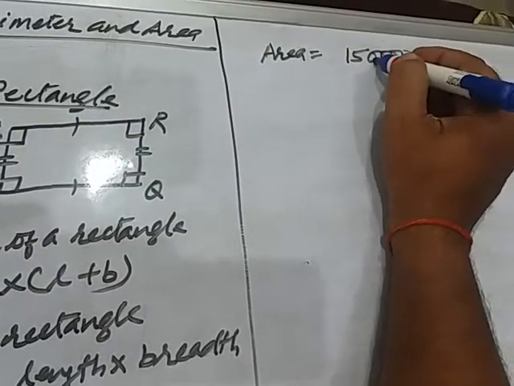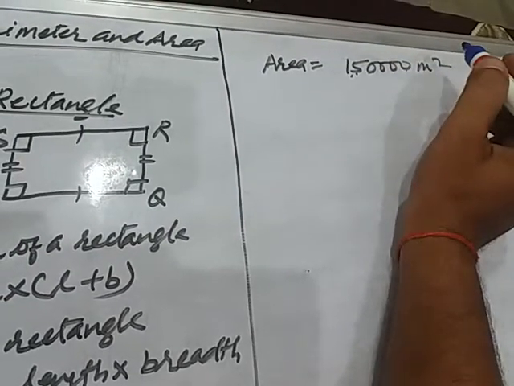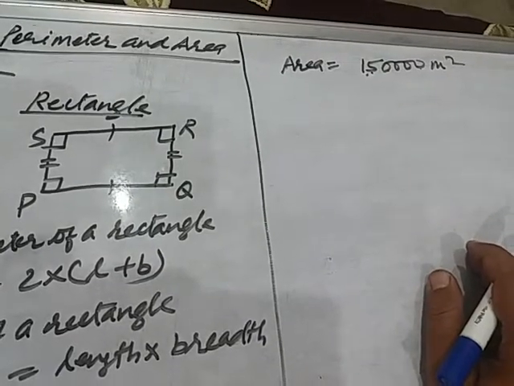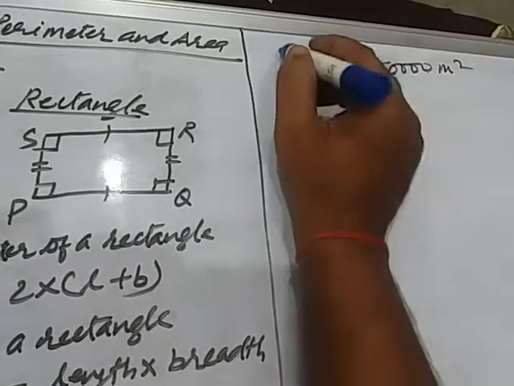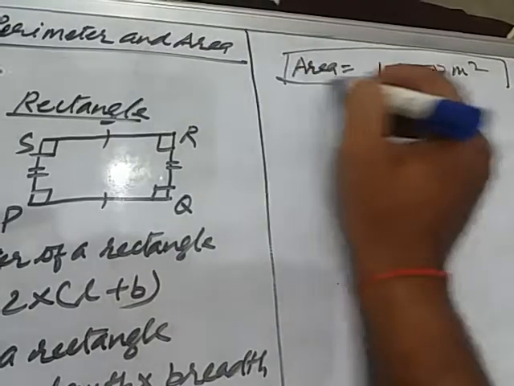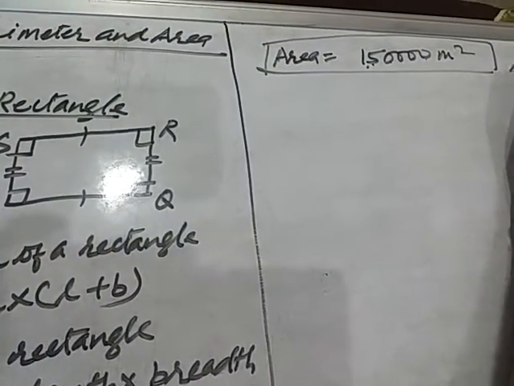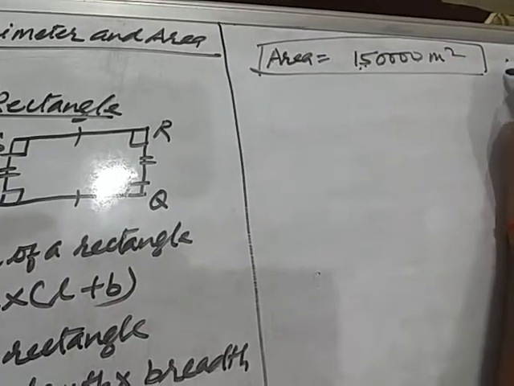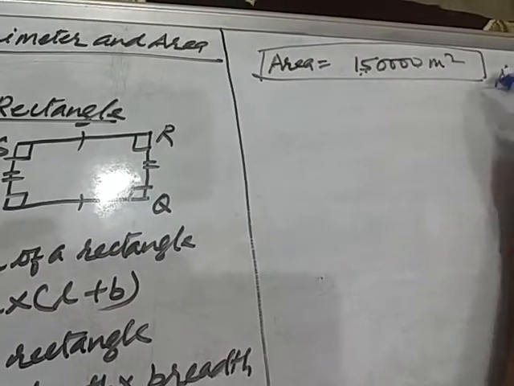Ones, tens, hundreds, thousand, 10,000 and lakh. 1,50,000, that is 1,50,000 square meter. This is called your area. This is the first answer.